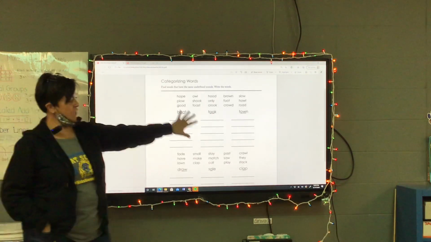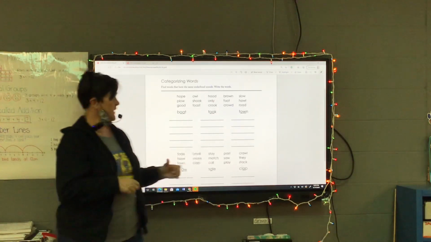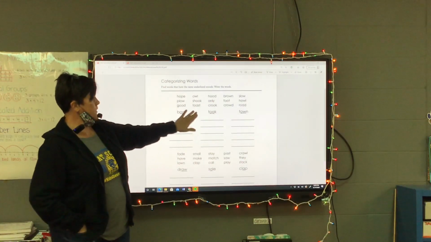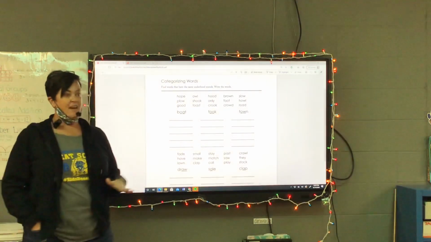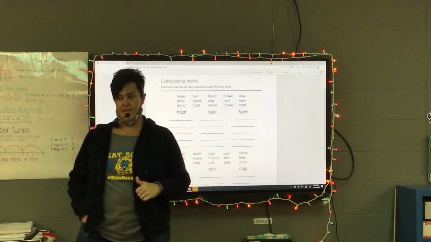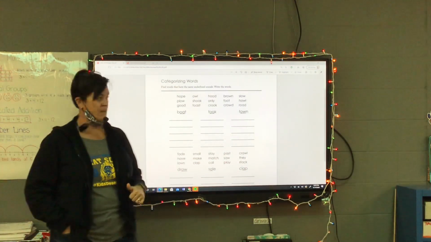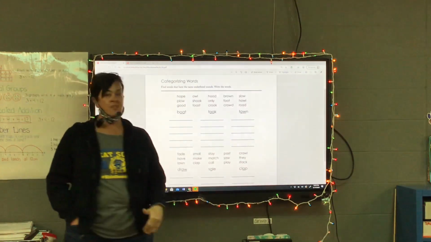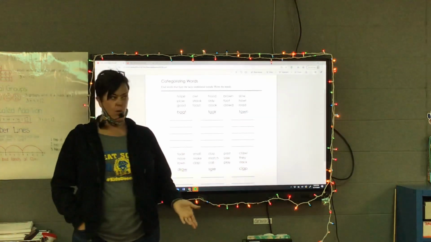There's 5 that go in each column, all right? Make sure that all of the words that you write down have the sound in them. All of these words that you write down will need to say ow in them.